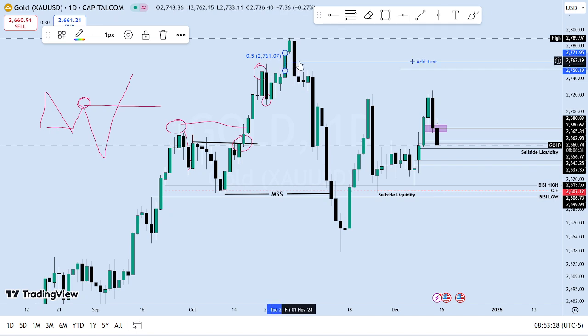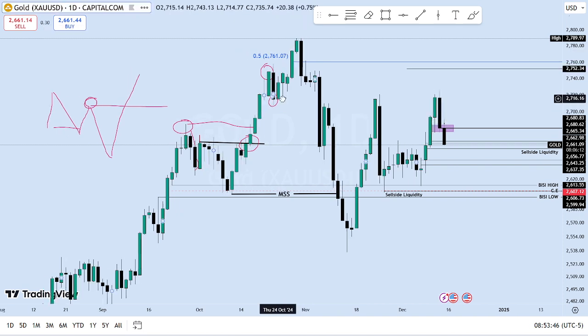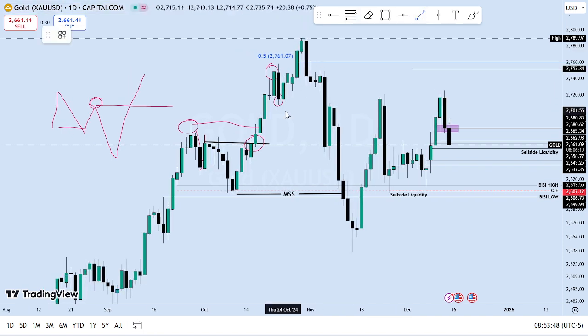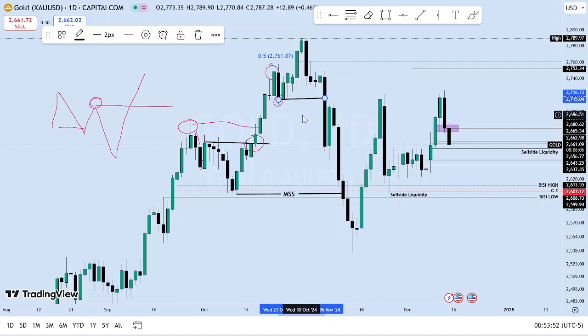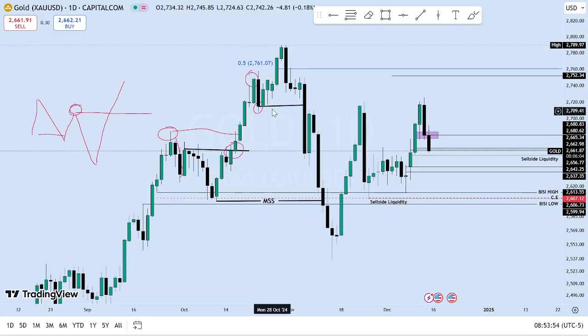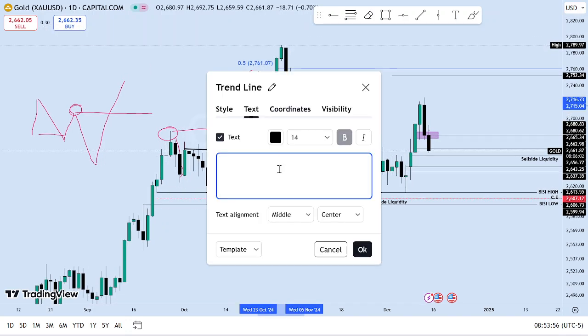That's where it reached out for, and it was rejected, acting as a resistance level, a premium level up here. Rejected. Last up-close candle, order block, the last up-close candle before we break the low here. Market shifting structure. This is a market structure shift.